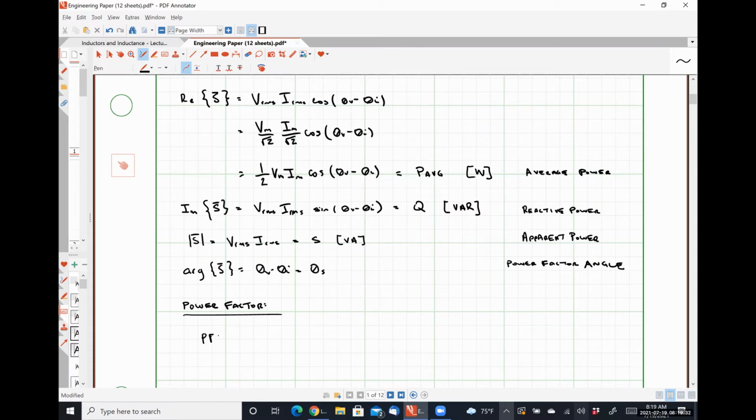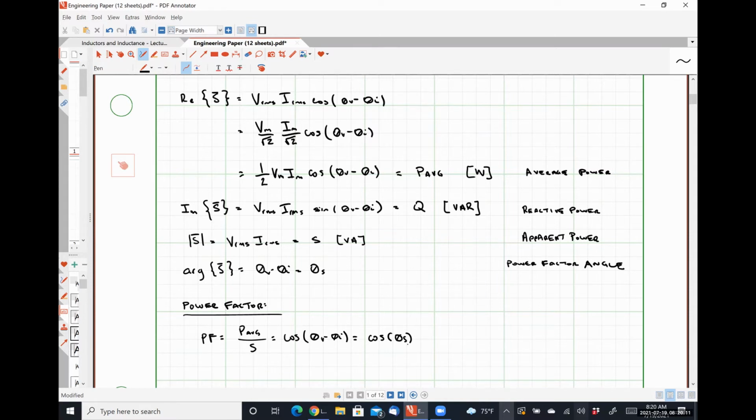Mathematically, power factor is defined as the ratio of the average power compared to the apparent power, or simply as cosine of theta V minus theta I, which is identical to cosine theta S.